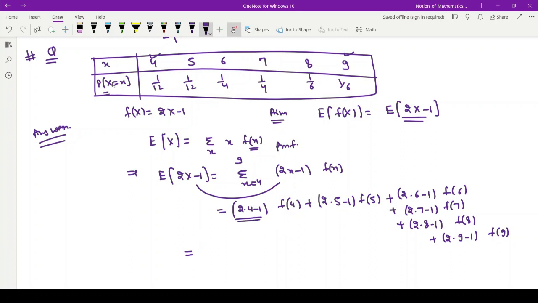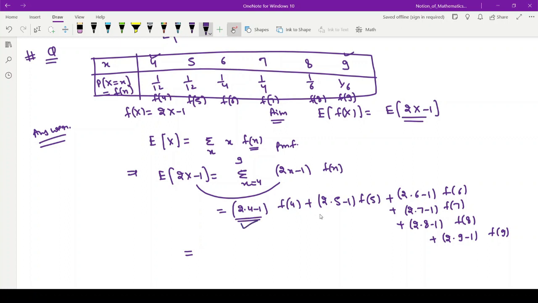As we know, the probability that x equals small x is f of small x. So this is f4, f5, f6, f7, f8, and f9.